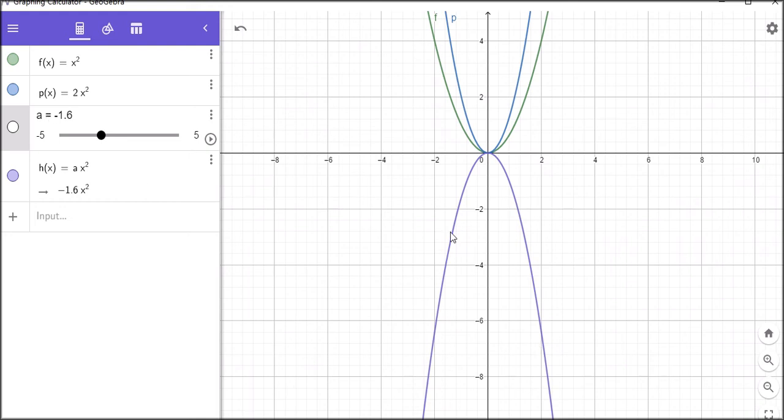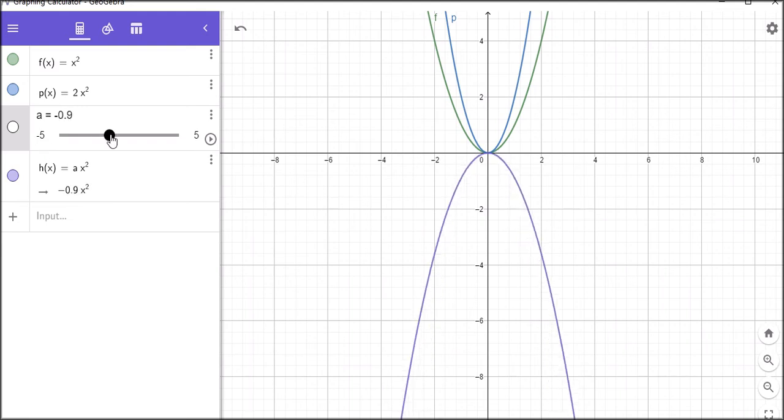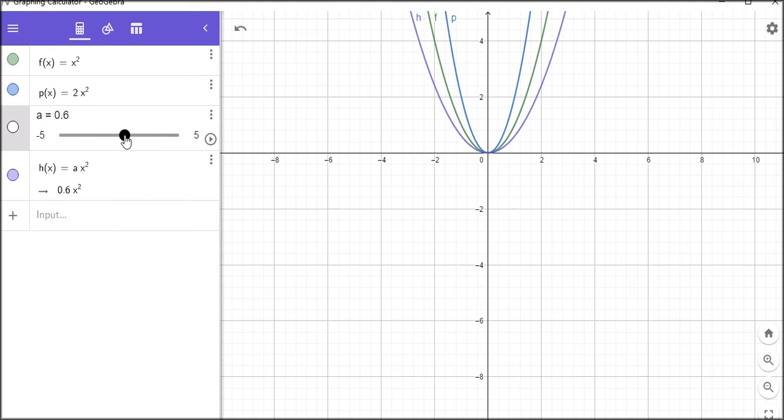So that means it's a reflection in the x-axis. And change a to positive, like 0.4, which is less than 1. So it's lower than the parent function. That means it's compressed vertically by a factor of 0.4.